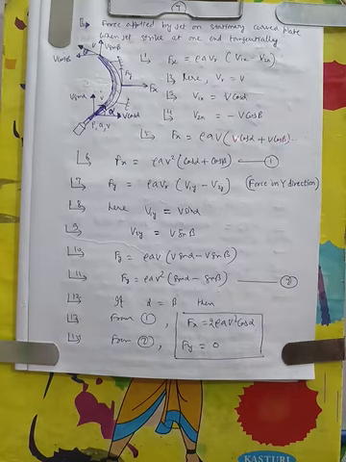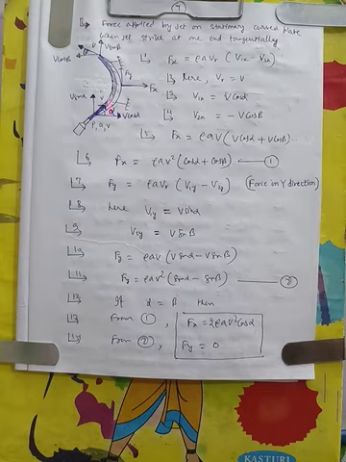I am taking V outside from the bracket. Finally I get Fx is equal to rho a V square into cos alpha plus cos beta. So very easily we can find the force. We only need a simple concept of the subject.